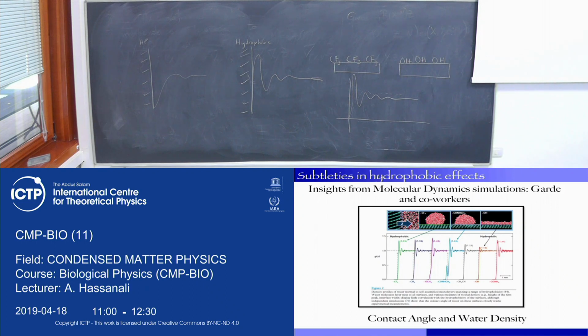But look, hydrophobic, hydrophilic. The hydrophobic one has a much bigger peak in the density than the hydrophilic one. That's strange. Yeah, I think we are looking at a certain constraint direction.